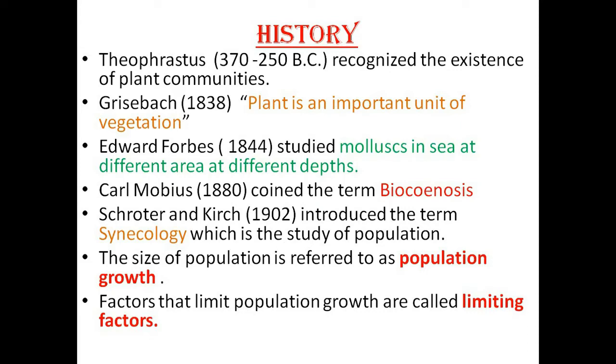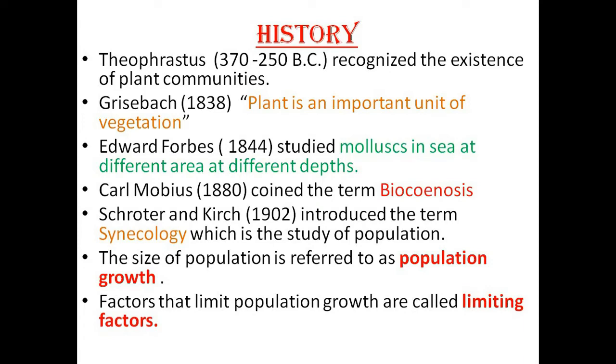Edward Forbes in 1844 studied the mollusks in the sea at different areas at different depths. Then Carl Moebius in 1880 coined the term biocoenosis. And Schroeter and Krejci in 1902 introduced the term synecology, which is the study of population.